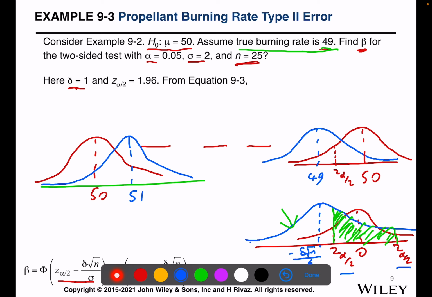So this is the correct one. And the area under the curve that I'm interested in is this area. So I draw, basically, remember this area is fail to reject. It's 0. So the area would be this area under the blue curve. Yep.